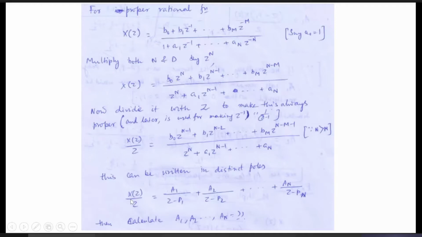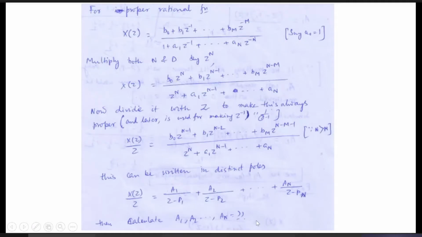So a1 by z minus p1, and let us say that this will have some poles or roots located at p1, p2 and different values up to pn, and their coefficients a1, a2 up to an.